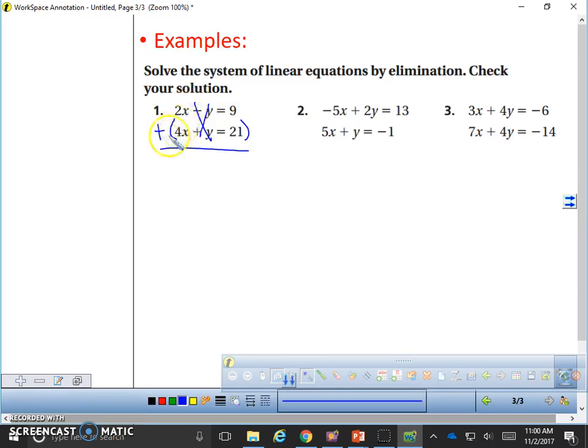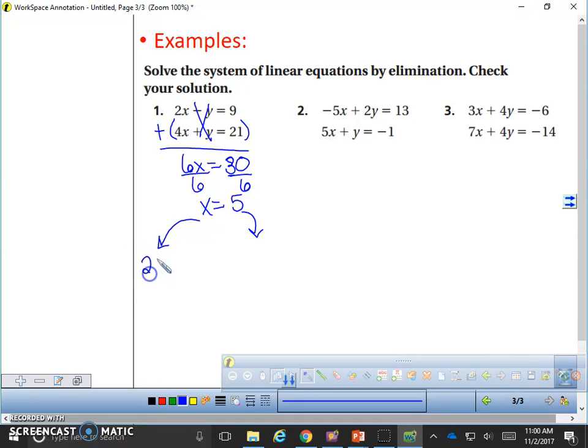Okay, 2x plus 4x is 6x. 9 plus 21 is 30. Divide by 6, x equals 5. So there was step 1 we didn't need to do. Step 2, solve for the variable. Step 3, plug x back into both of our equations, and then solve for the last variable.